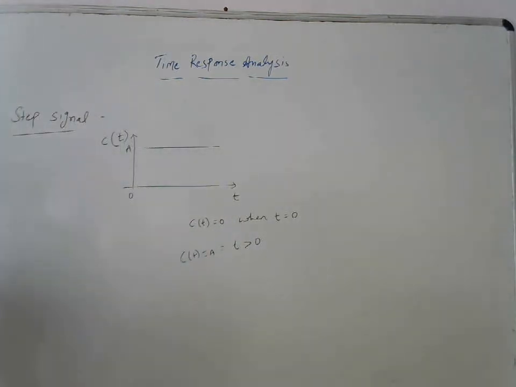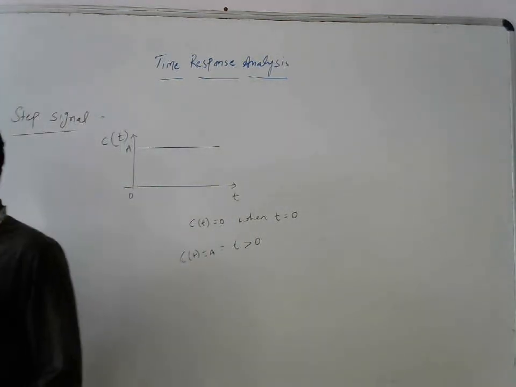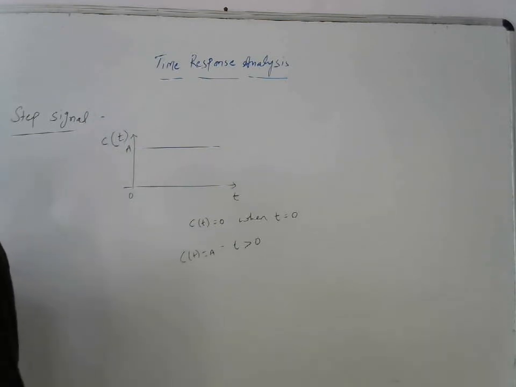The step signal is a signal whose value changes from 0 to A at t equal to 0.